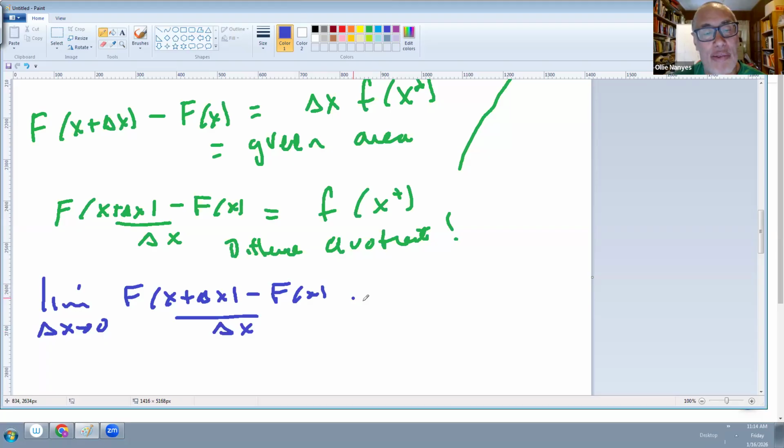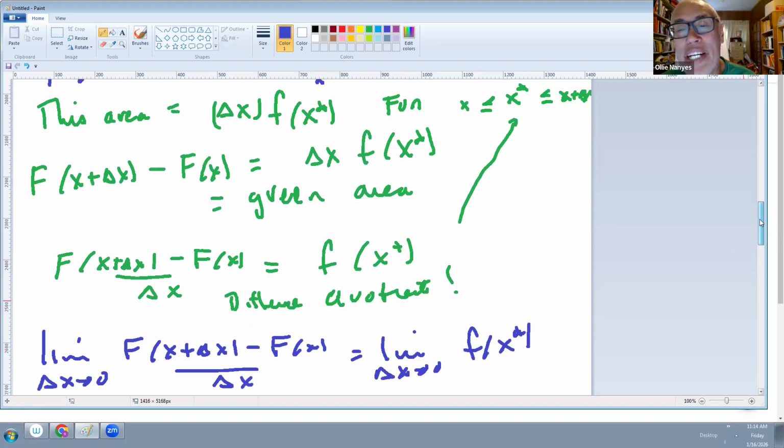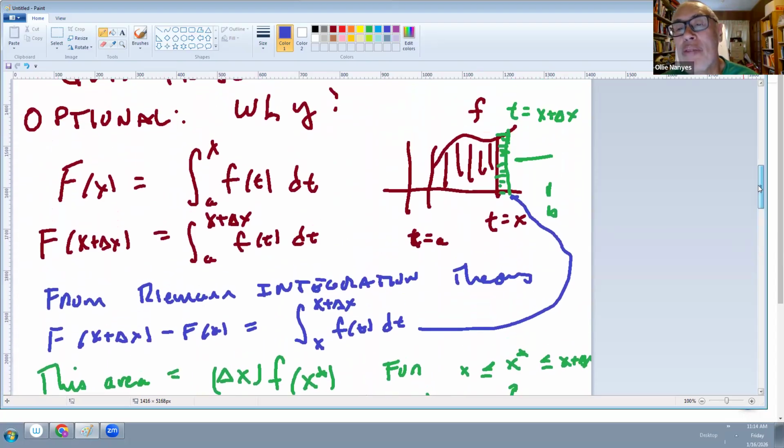And that's going to equal the limit as change in x goes to 0 of this f of x star. Now this is where f being continuous really comes in. Remember, f is continuous and x star is something between x and x plus delta x.